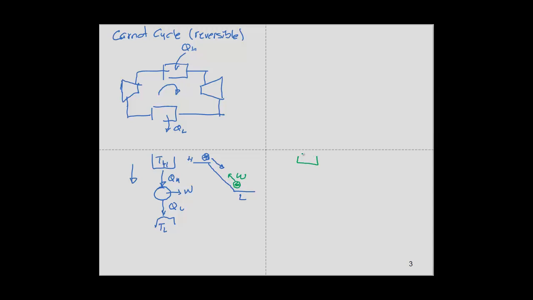Same could be done for thermal systems. So we have the high temperature reservoir, and the same low temperature reservoir. This is low temperature.